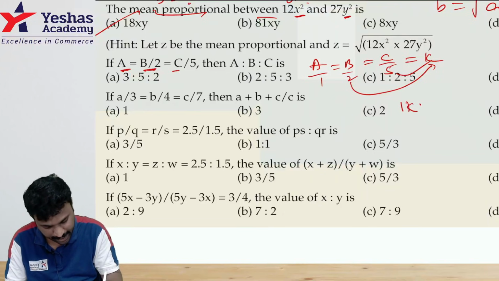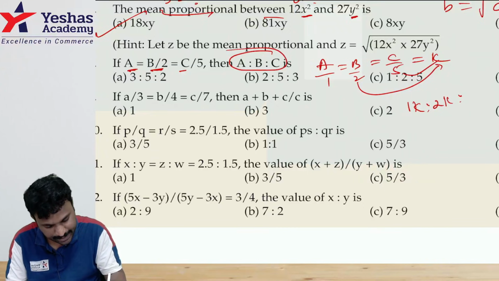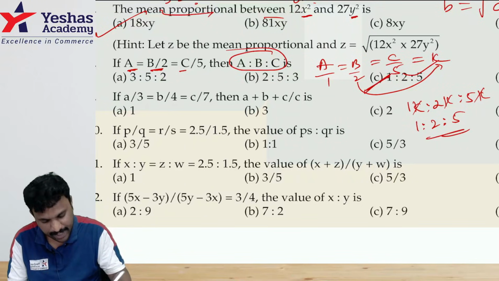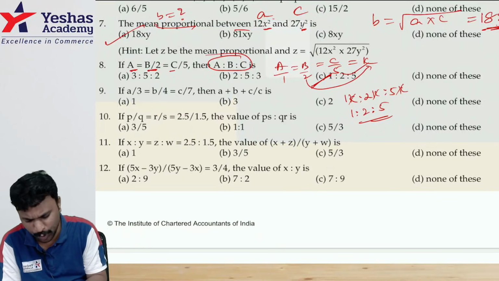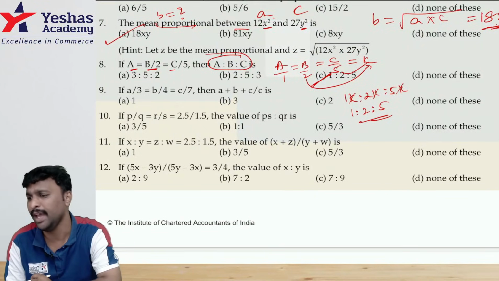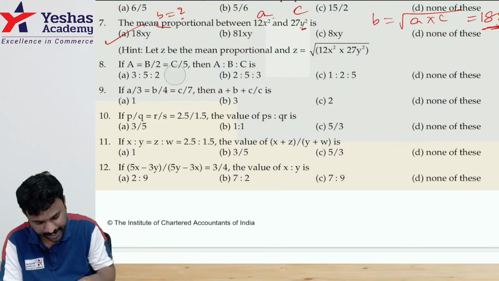That means 1K, because A is to B is to C they have asked. B value is 2K and C value is 5K. So K cancel. So it's 1:2:5. Option C is the right answer. Have you all understood? When two or more than two terms are equated this way, you can always solve the question this way. Have you understood? Let's move on to the next question.